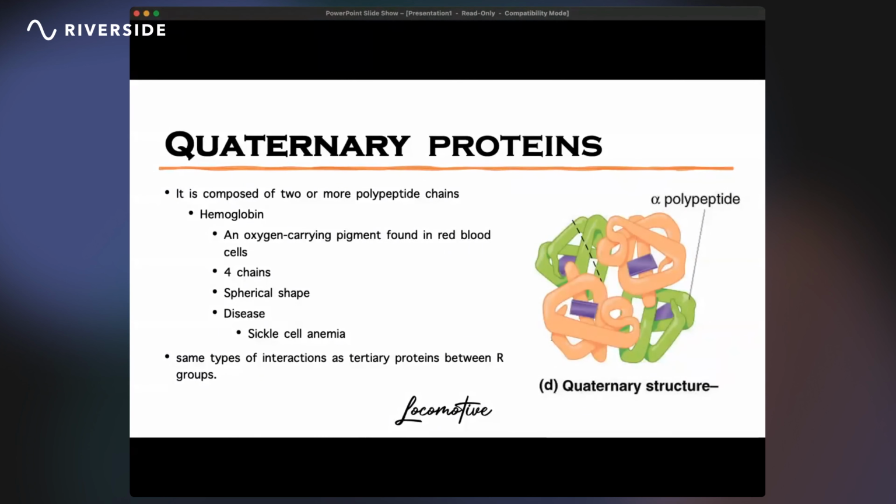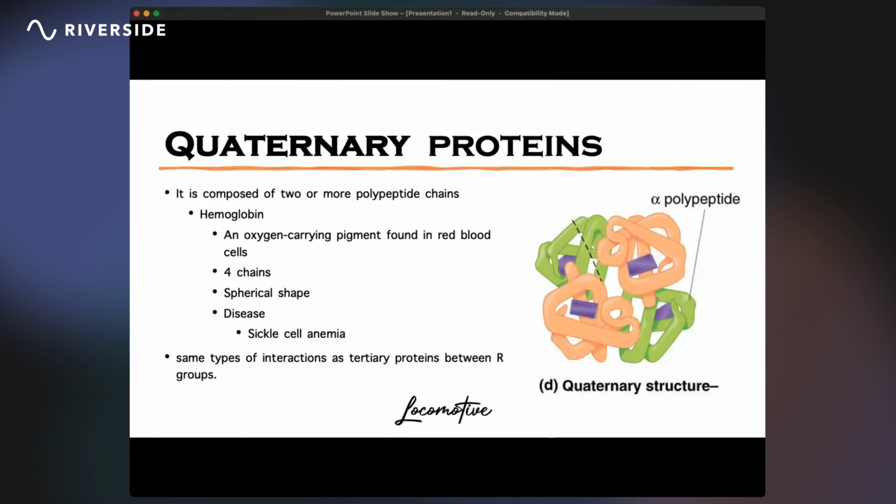These include hydrogen bonding, ionic bonding, hydrophobic interactions, and disulfide bridges or covalent bonds. One important thing that I would like to mention about disulfide bridges is that they are a common feature of antibodies and other proteins secreted from the cells. Other examples of quaternary proteins are collagen and hemoglobin.